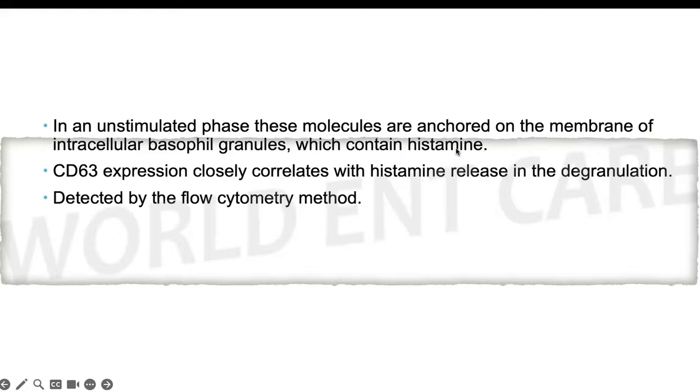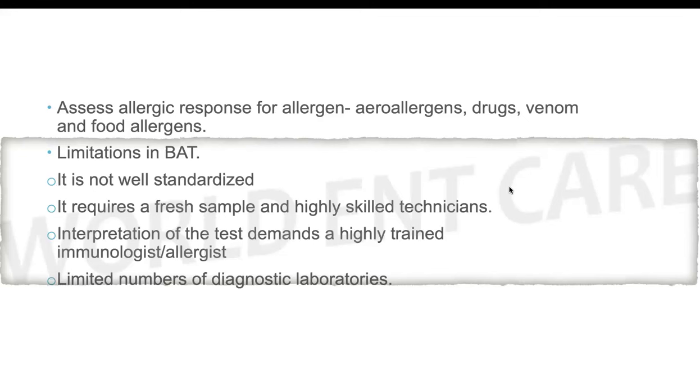But when degranulation occurs, these molecules get expressed and histamine also gets released. So either you can check these molecules by flow cytometry, or you can determine the histamine that is being released. That is what we do in this test.